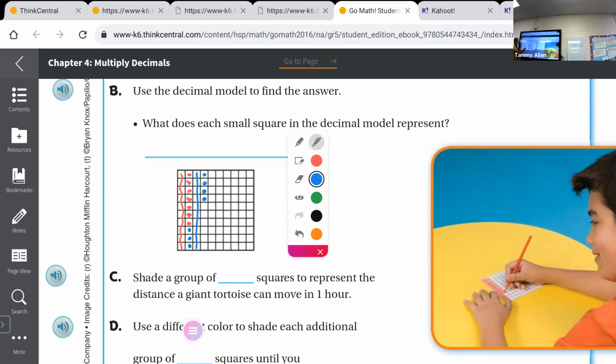We go back to our first color, and we need another 17. 1, 2, 3, 4, 5, 6, and 10 more makes 16, and one more makes 17. How long has the tortoise been moving along now? 3 hours.